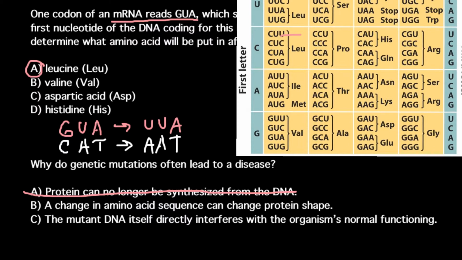DNA codes for proteins, and if there are any changes in DNA, then a misshaped protein can be produced, or it can be interrupted if a stop codon happens instead of a normal sequence that codes for a normal amino acid. So answer C is not true, and the correct answer would be answer B.